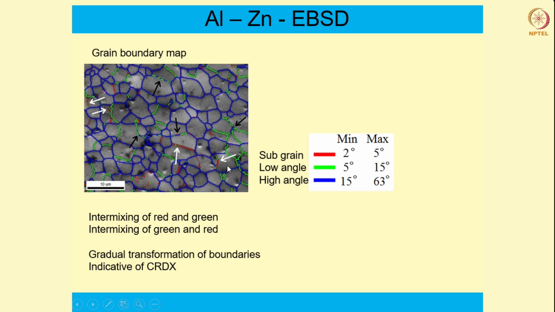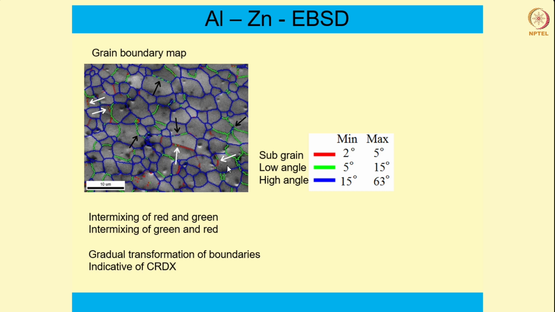So this again tells you that all these boundaries are continuously evolving, starting from a subgrain boundary which would have formed by dislocation rearrangement to a high angle boundary which would ultimately divide the grains into a number of grains, leading to grain refinement.